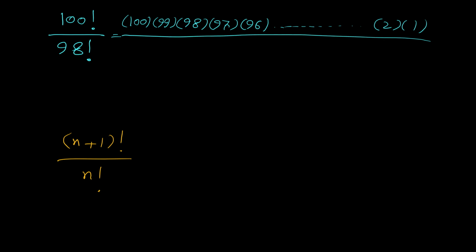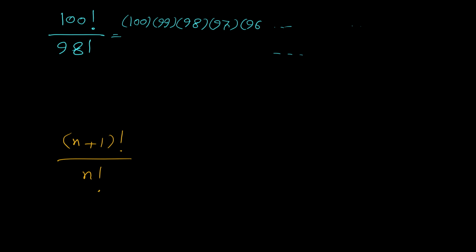And then you want to open this and write 98, then 97, 96, 2, 1. Then you want to cancel common terms. Instead of this, I recommend you learn to simplify expressions with factorial in this way.